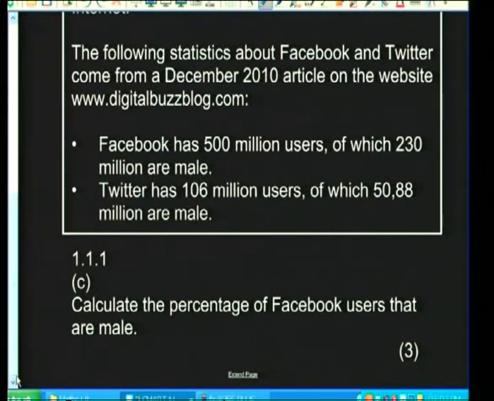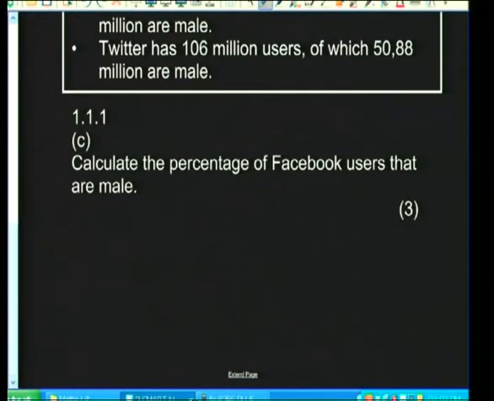Calculate the percentage of Facebook users that are male. Now, whenever I hear the word or see the word percentage, I know that the number 100 has got to fit in there somewhere, because percentage means out of 100, doesn't it? So where am I going to find the 100? Well, let's look.